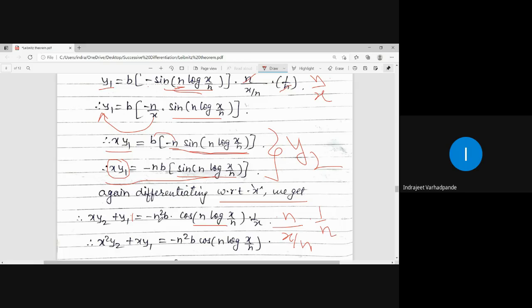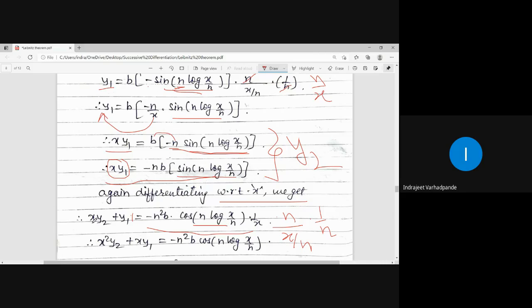And after that simplification, this becomes this. Is the step clear? Completed up to this? Is the step clear?